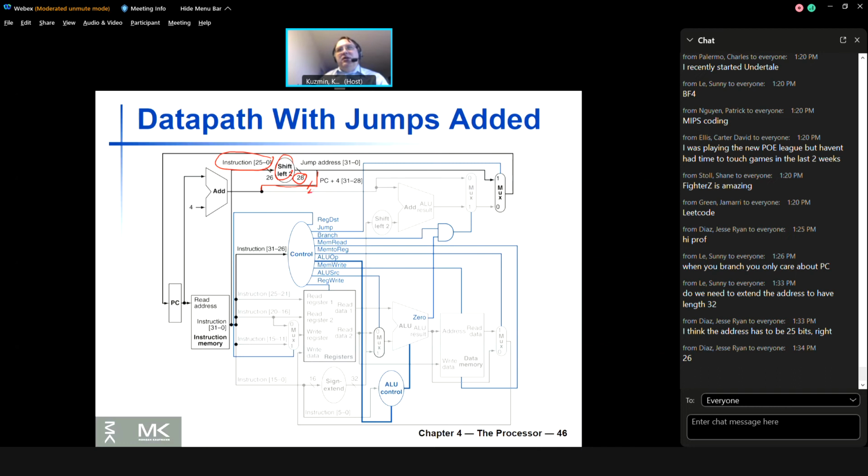This connection just means that we are combining 2 buses: one bus that has 28 wires, and the other bus that has 4 wires. We combine them into a single bus that now has 32 wires, and that's it. And then this bus keeps traveling.